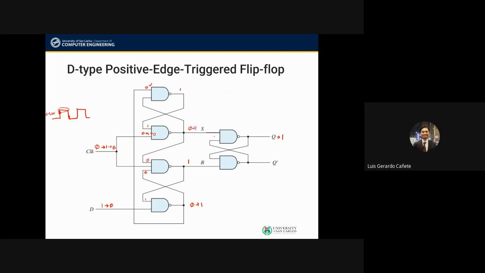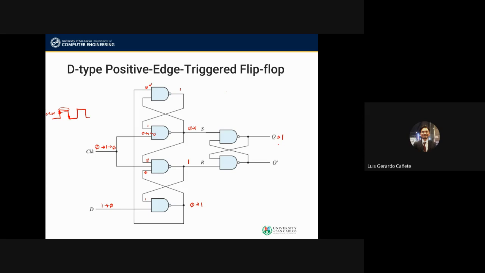And so we are in the store state. Okay, so once again, we transition from 0 to 1, thereby copying the value of D at that instance. Even though we transition D while clock is high, it does not have any effect here. And so therefore, the value of Q is maintained at 1.